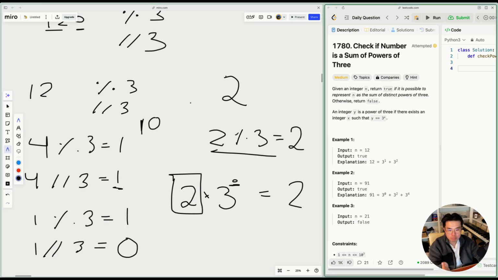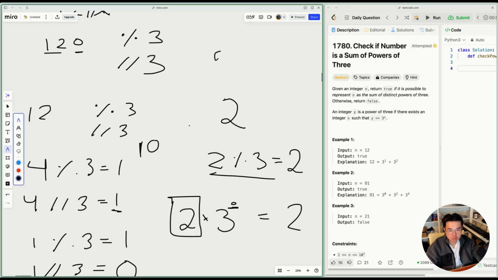And so for base 3 things, there's only 3 things that we're expecting, right? When we mod by 3, we're expecting a 0, 1, and 2.